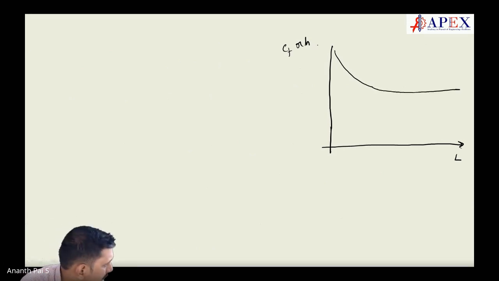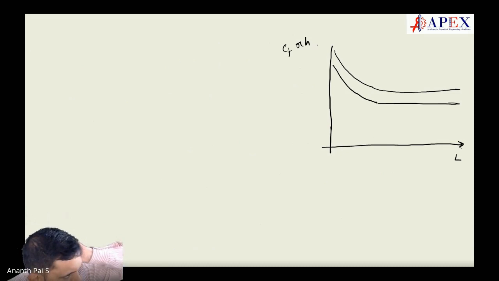This is thermal developing length. And if it is hydrodynamic boundary layer length, it is like this, and then we go like this. Scales may be different, okay? This is H variation, this is CF variation.